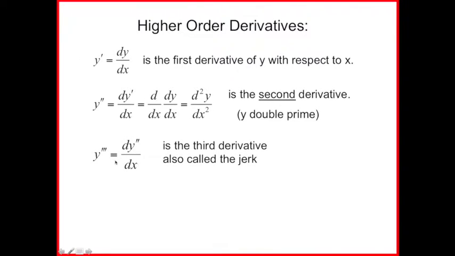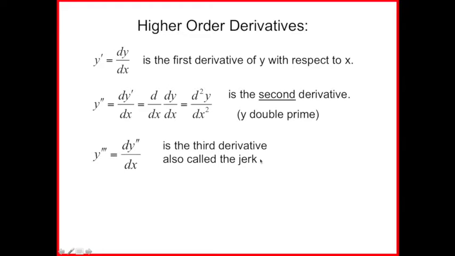And we can take the derivative again. And we can keep taking derivatives of things until we reduce all of the powers and we end up with 0. So this is y triple prime, and it's d y double prime dx. It's the third derivative. We also kind of call this the jerk.